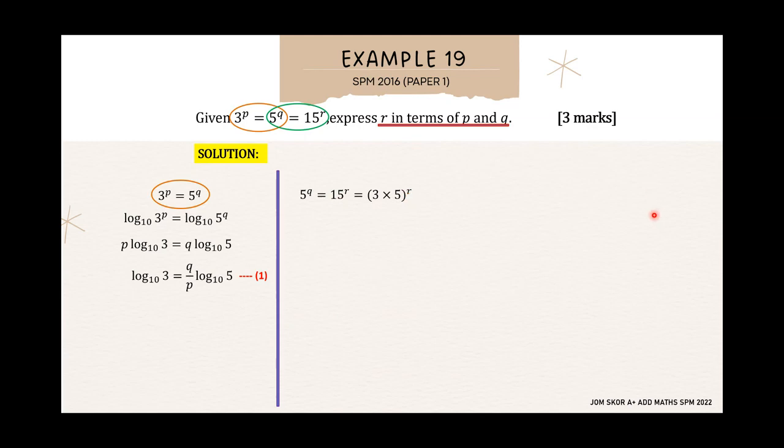Okay, so again teacher tak boleh nak change base, nak samakan base. Teacher akan darabkan both side dengan base 10. Okay, so teacher akan dapat log 5 to the power of q base 10 sama juga dengan log 3 to the power of r base 10 plus log 5 to the power of r base 10.